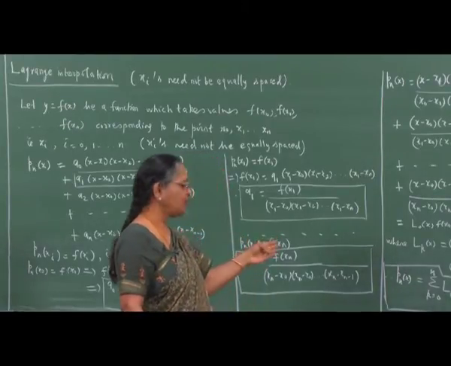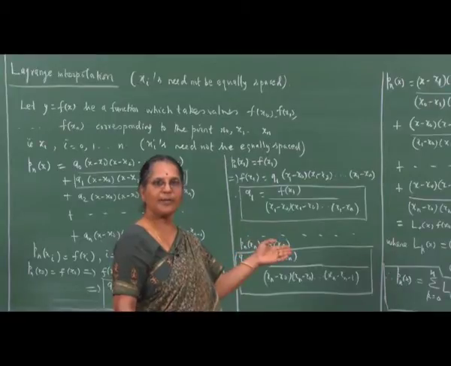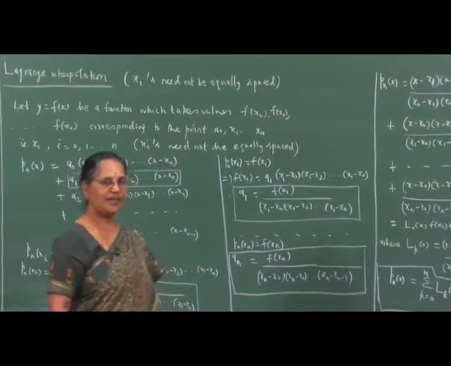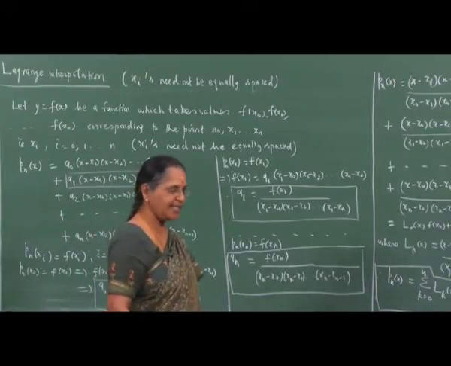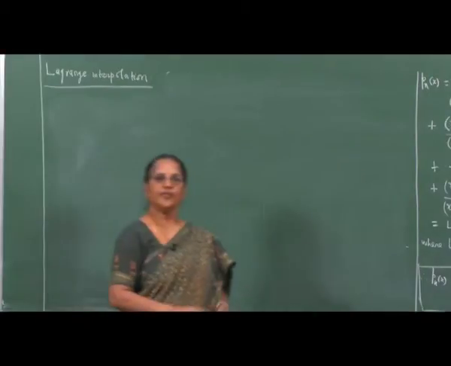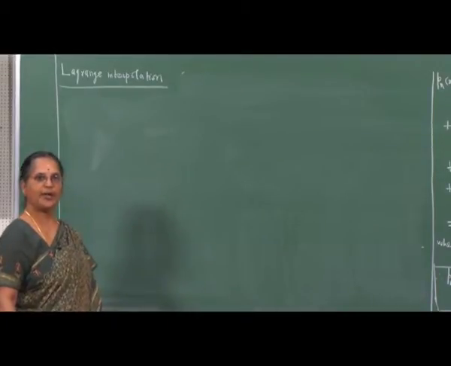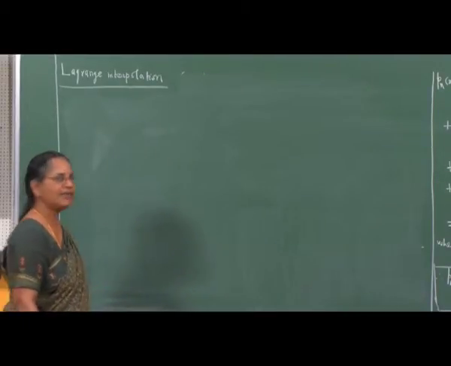So, let us prove that the polynomial is a unique polynomial that interpolates the given function. Let us work out the details of this. So, we want to prove the uniqueness of the Lagrange polynomial which interpolates the given function.